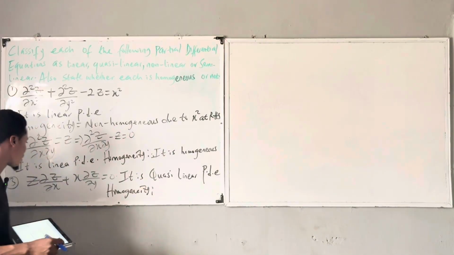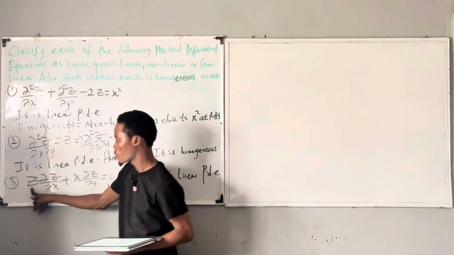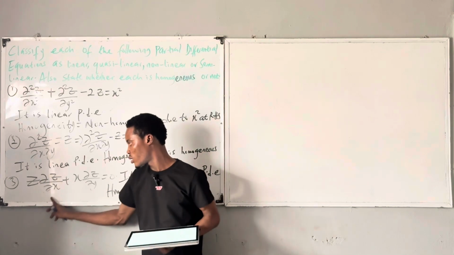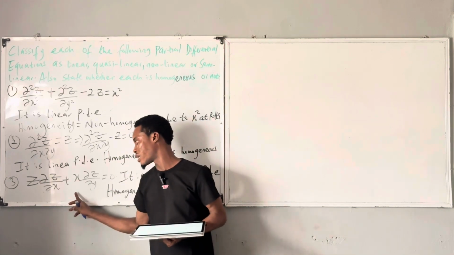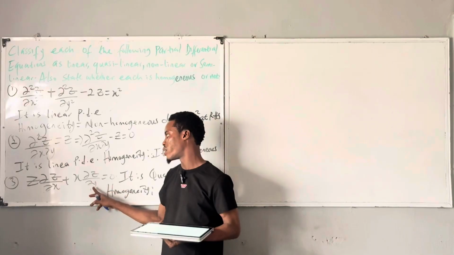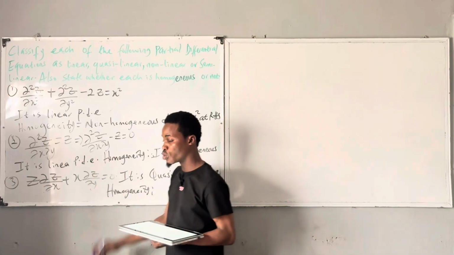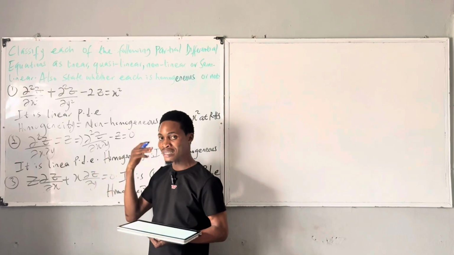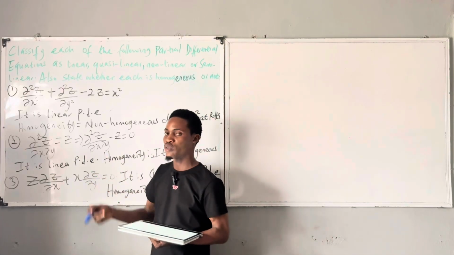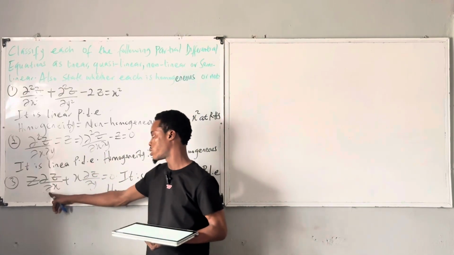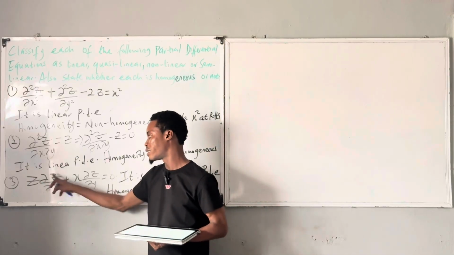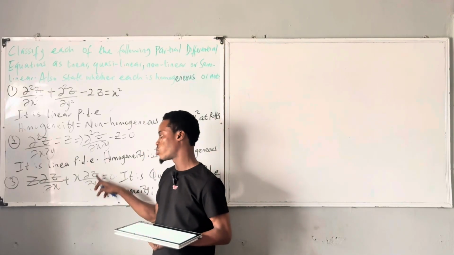Let us check the terms. We have Z here as a partial derivative. You can see Z here containing the partial derivative. The second term, we have is X, the Z over the Y, also Z here. So it is homogeneous. Each term must contain either Z or its partial derivative of that given Z. So Z, the Z over the S is present, the Z over the Y is present.